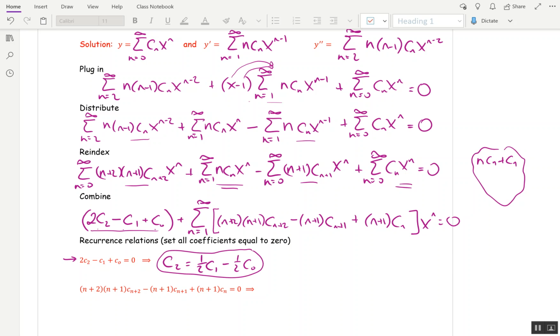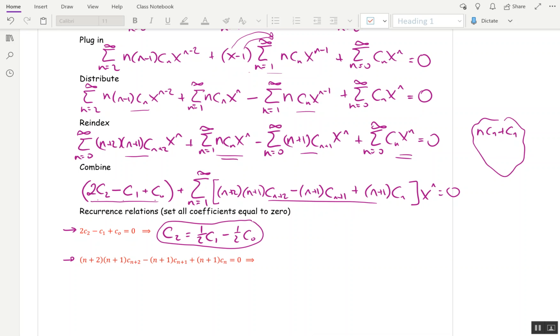And then set this giant thing equal to 0, which I did right here. And that's going to give me, yikes, Cn plus 2 is, I'm going to bring this guy over, so n plus 1 Cn plus 1 minus n plus 1 Cn, all divided by n plus 2 n plus 1.